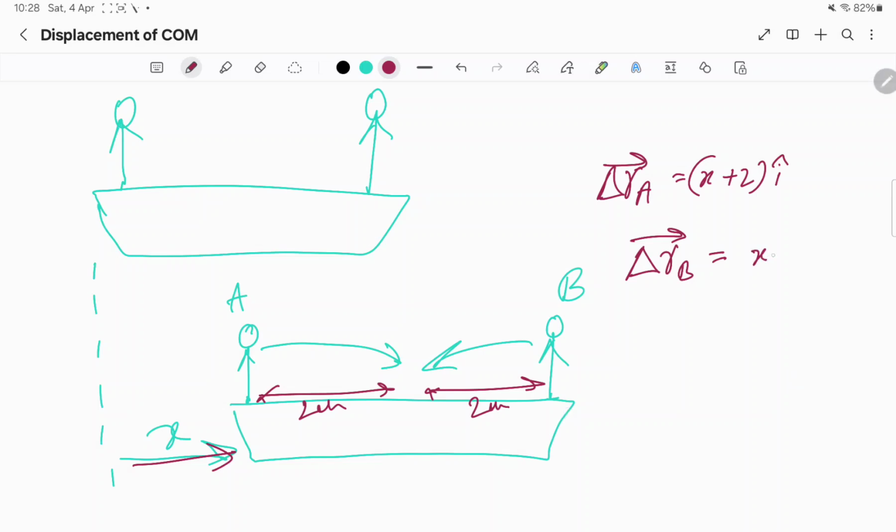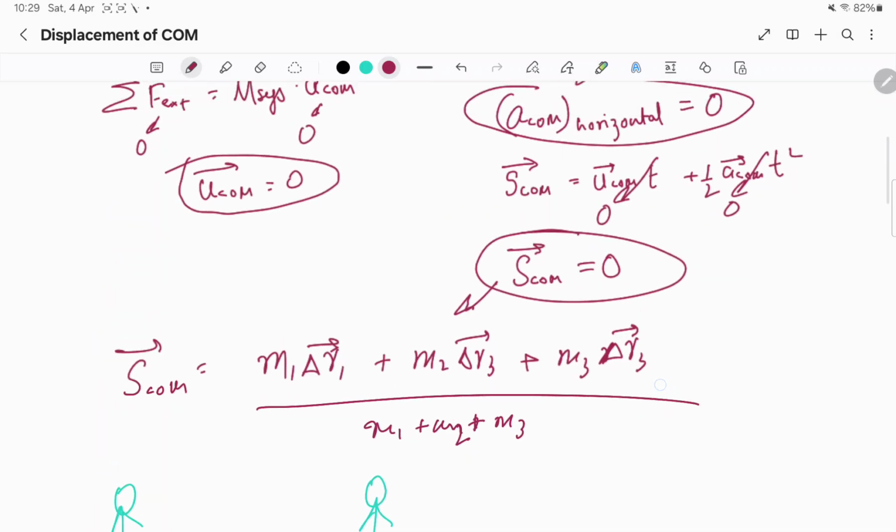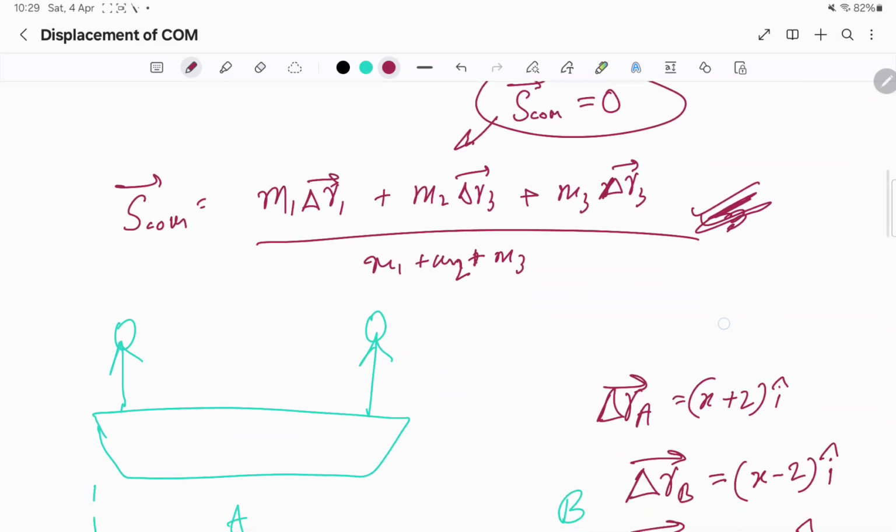That means (x − 2) i cap. And the displacement of the boat, delta r boat, equals x i cap. Now we know the displacement of all three objects, so I can apply this formula and I will get the answer.